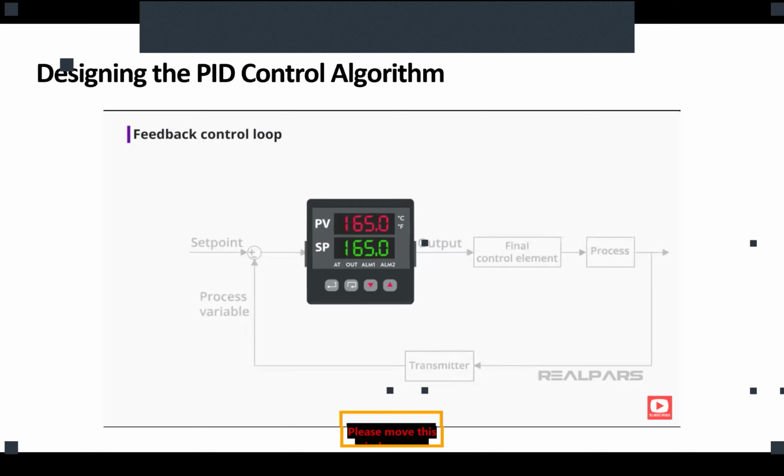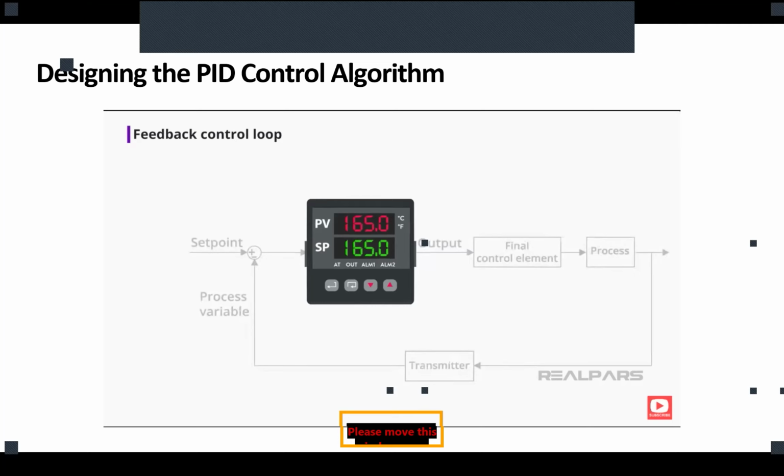That's when integral jumps in. The integral block creates an output proportional to the duration and magnitude of the error signal. The longer the error and the greater the amount, the larger the integral output. As long as an error exists, integral action will continue.